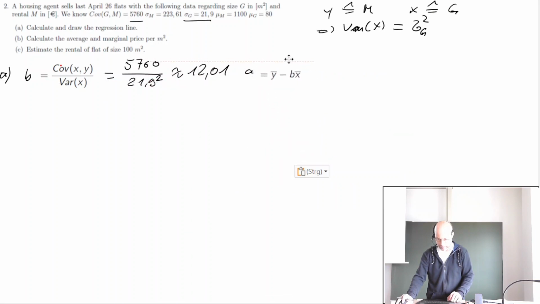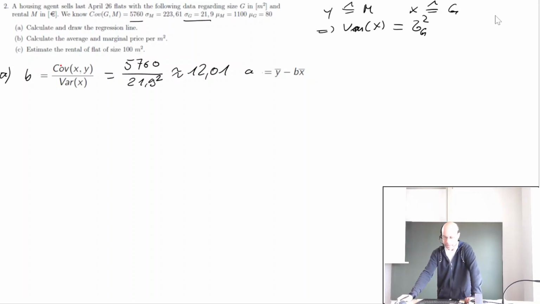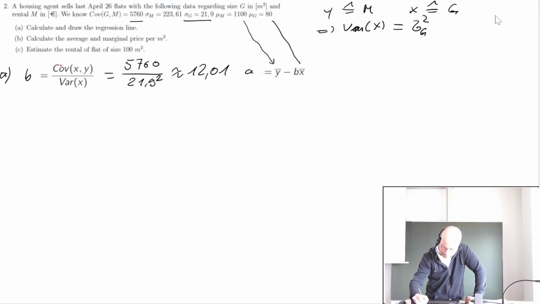That we have, of course, A equals y bar minus b times x bar. Well, of course, y bar is 1100 and x bar is 80.